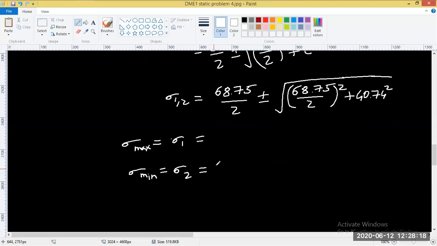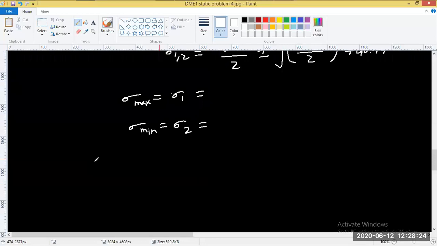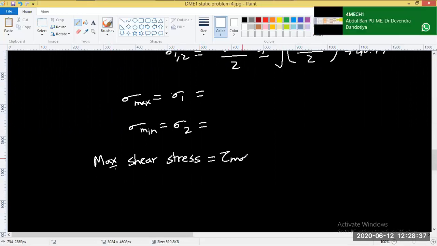Okay, so this is in accordance with the question. Also, they have asked one more thing, the shear stress. This is maximum shear stress. Maximum shear stress is equal to tau max. Again, for this you can refer to the data book.